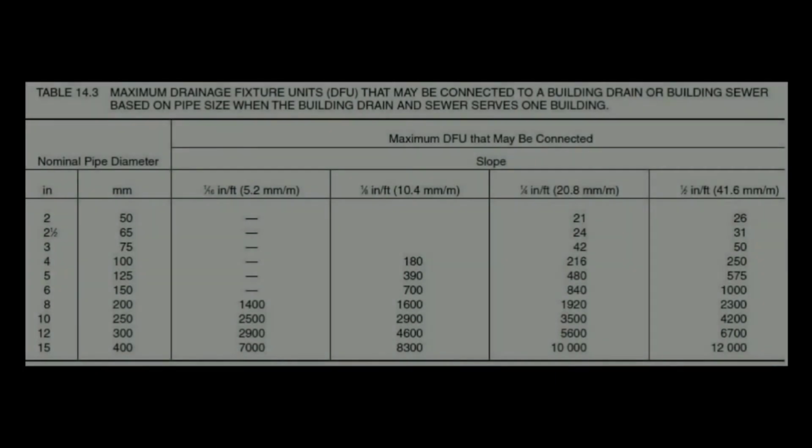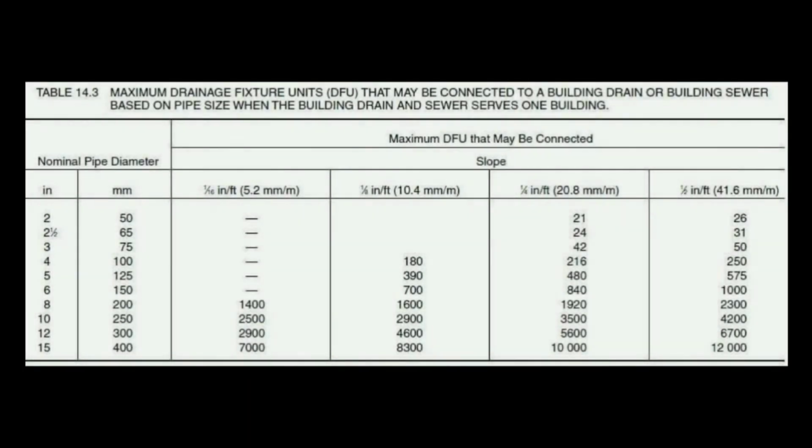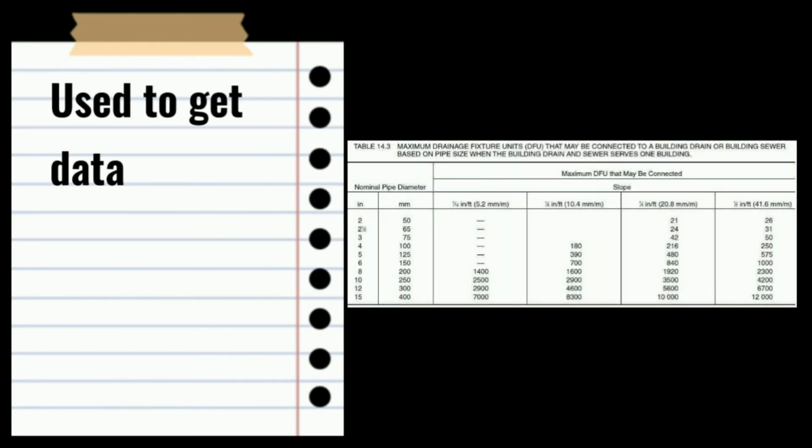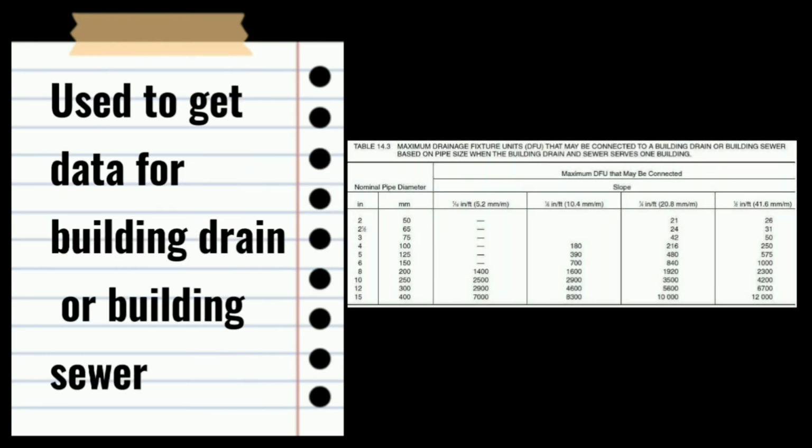Sa third table or the table 14.3, we have the maximum drainage fixture units that may be connected to a building drain or building sewer based on pipe size when the building drain and sewer serves one building. So, dito naman natin makuha yung para sa building drain or building sewer.